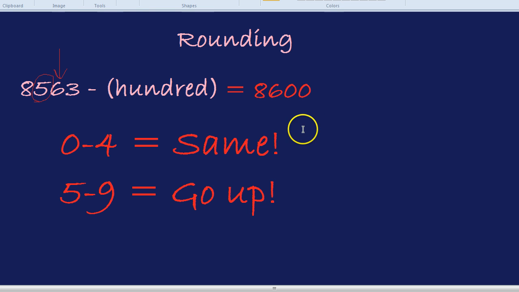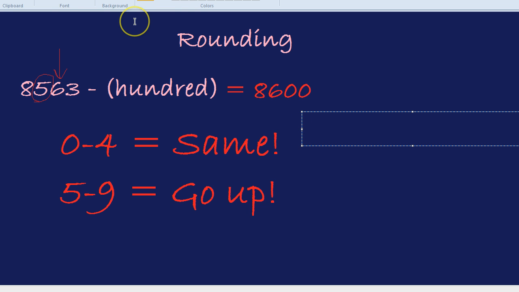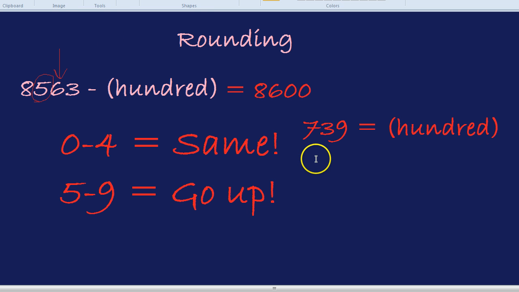Let's try that again. If we had 739 and we were doing it to the nearest, let's say to the nearest 100 again, what do we need to do?